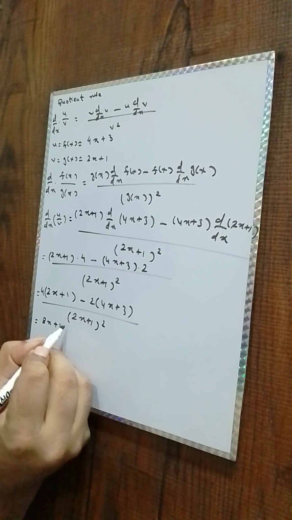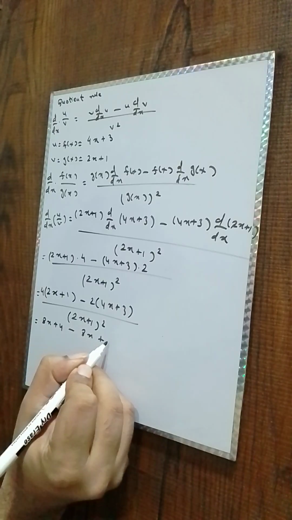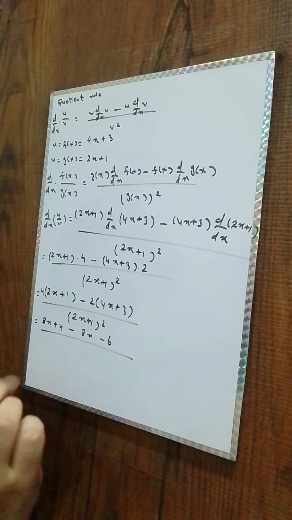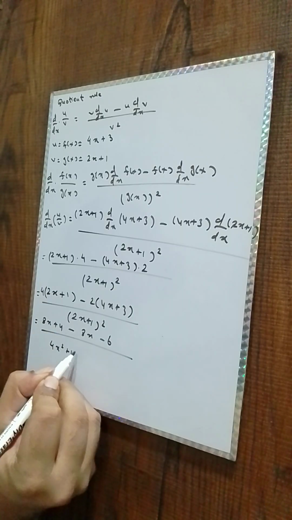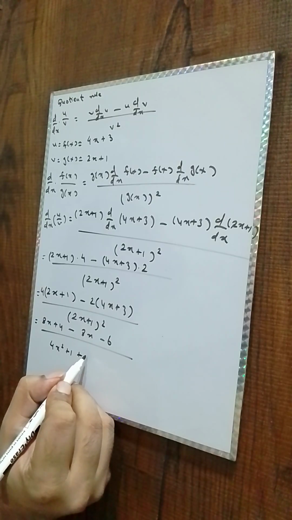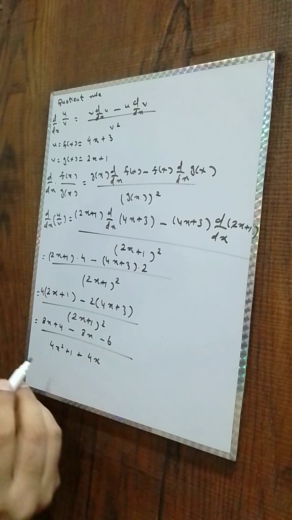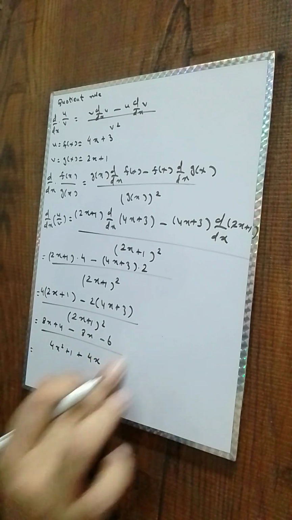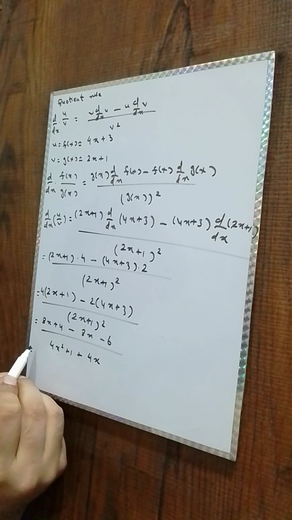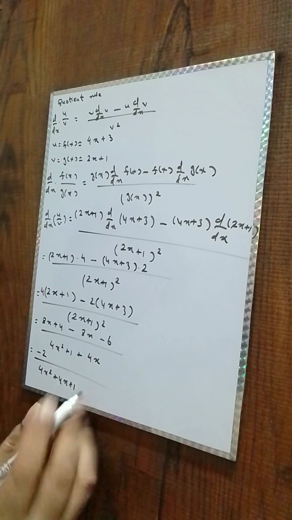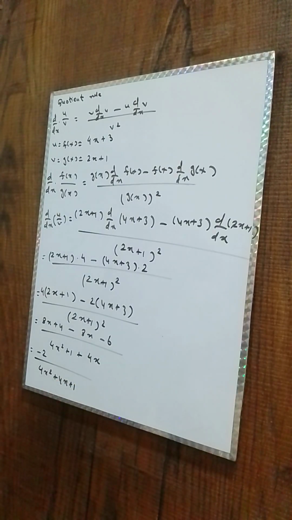So 8x plus 4 minus 8x minus 6, by, when we open it up, 4x square plus 1 plus 2 into 1 into 2x, which is 4x. So 8x minus 8x is 0, and 4 minus 6 is minus 2, so this becomes minus 2 by 4x square plus 4x plus 1. So this is the derivative of this fraction.